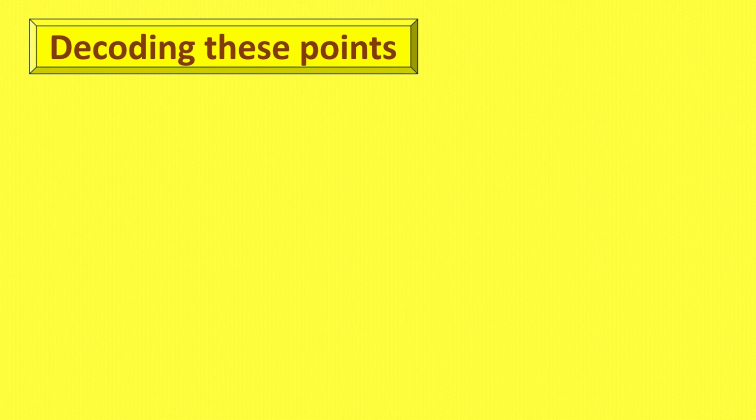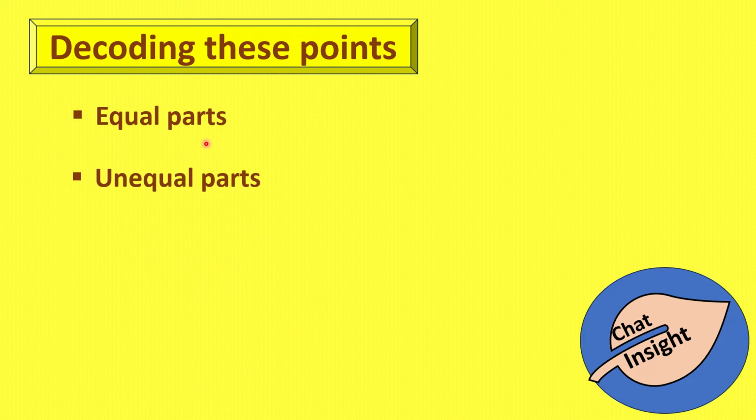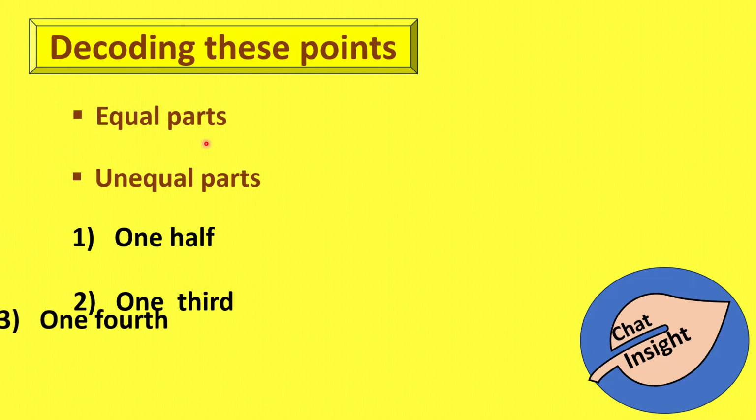So now I'm going to decode these points. Which points are included here? It's about equal parts, then unequal parts, then one half, one third, and one fourth.